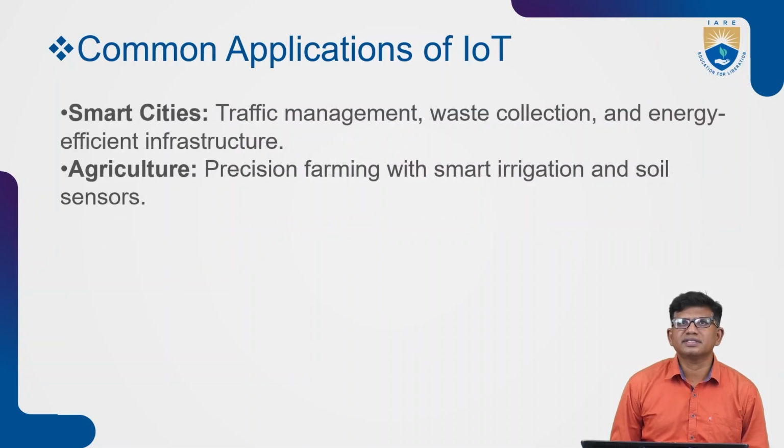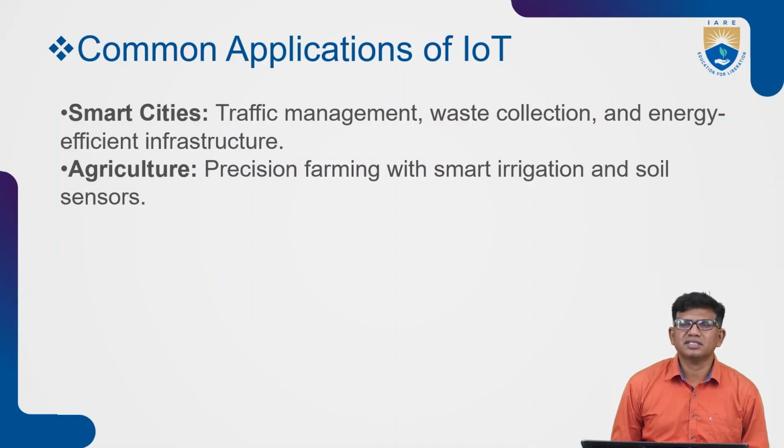The smart cities. Here we have traffic management, waste collection, and energy efficient infrastructures. These are the various features of smart cities. By using sensors, we can measure the traffic in a particular area and operate the signals.